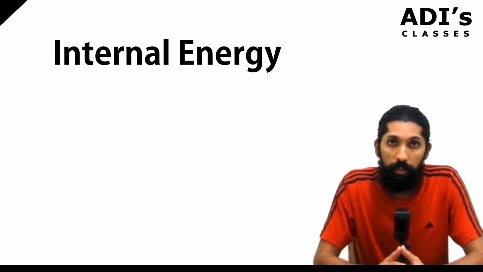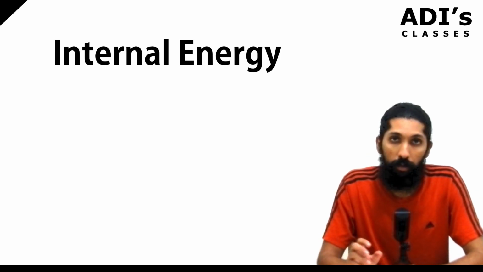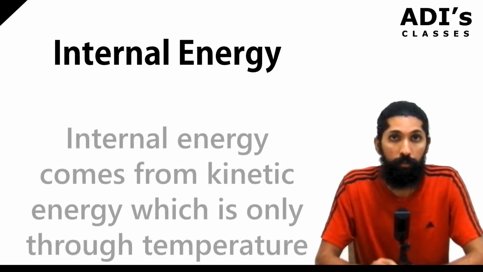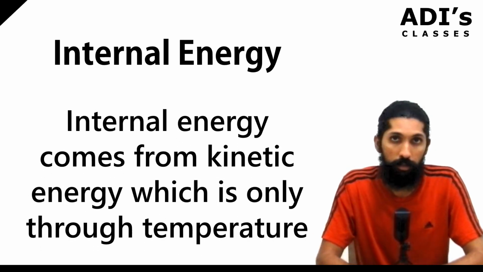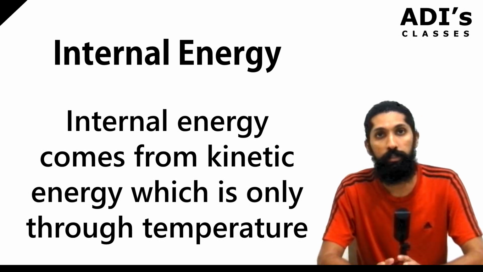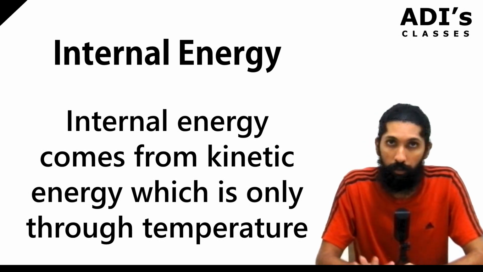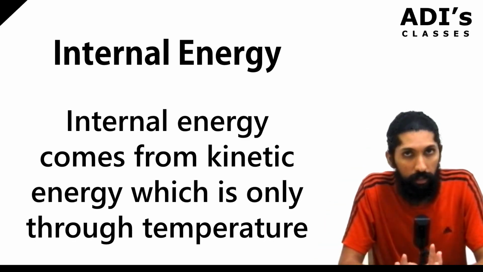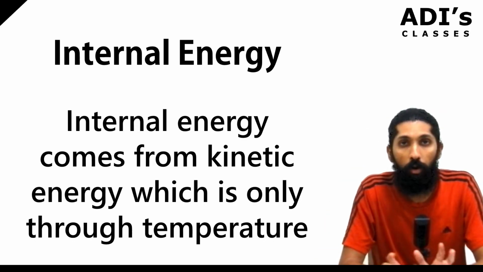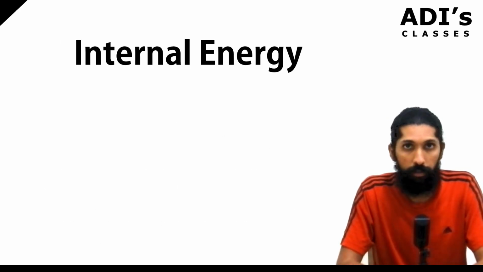So the internal potential energy will be 0, and whatever internal energy we have is only due to the kinetic energy of the molecules. As the molecules move, whatever kinetic energy they have is equal to the total internal energy of the system. Now, there are certain characteristics of internal energy, or you can say points or observations.